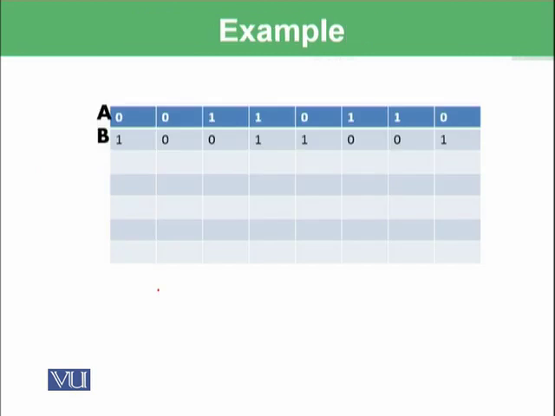So let's try to solve an example. Suppose I have listed A as 00110110 and B as 100110001.